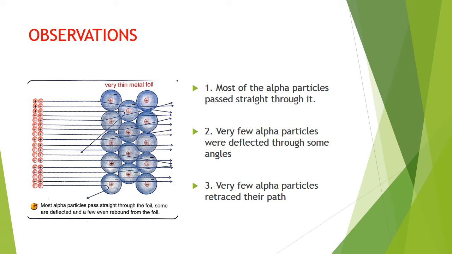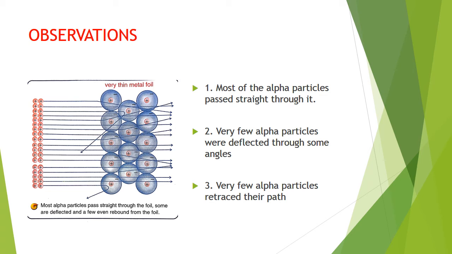Number two, very few alpha particles were deflected through some angles. You can see that this alpha particle is traveling in a straight line once it enters inside the gold atom and comes close to the periphery of this positively charged area, it is changing its path. That was his second observation.